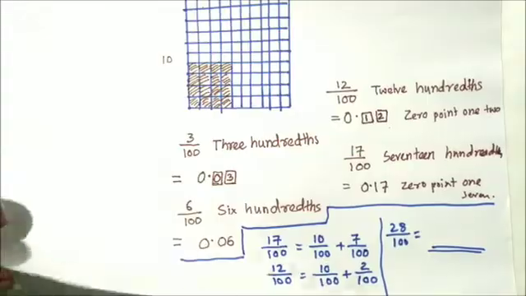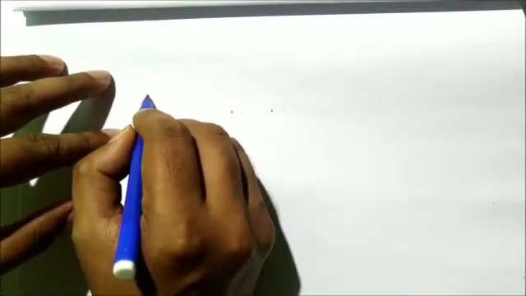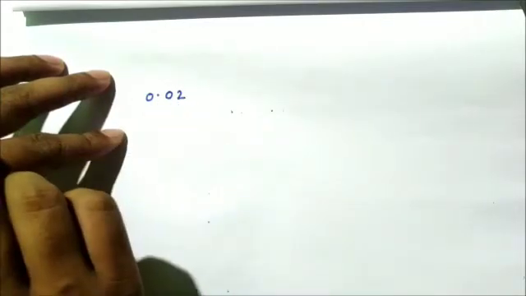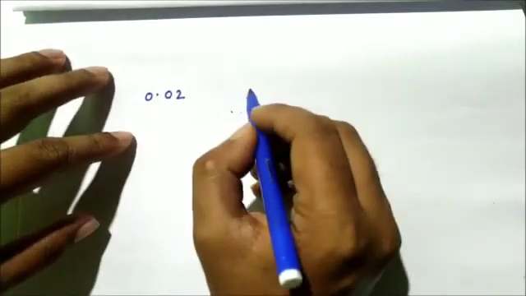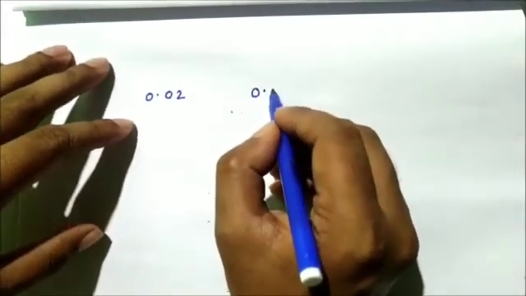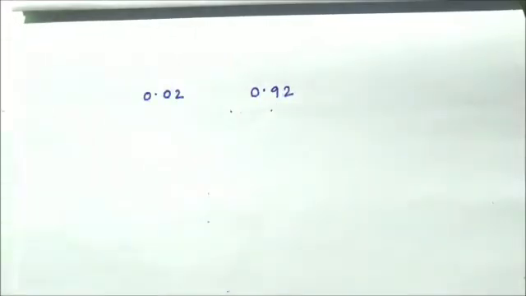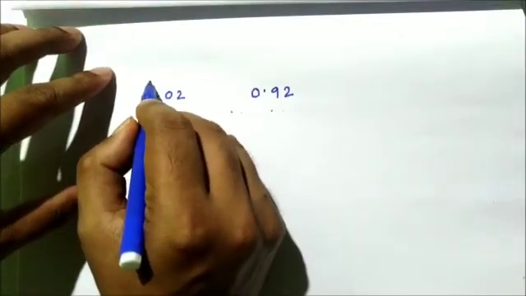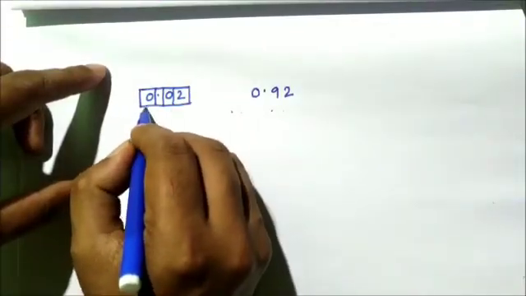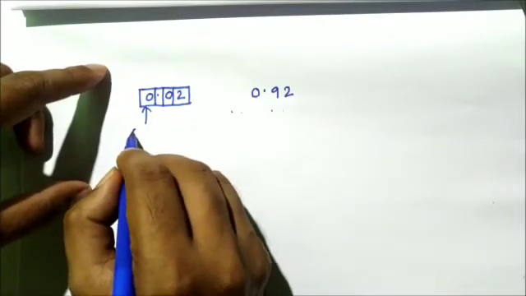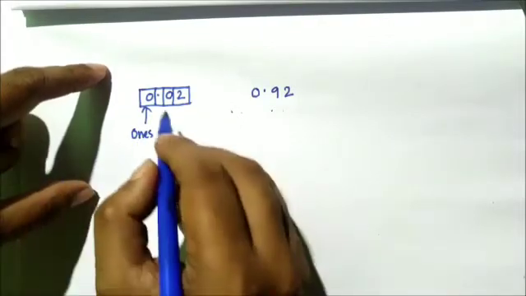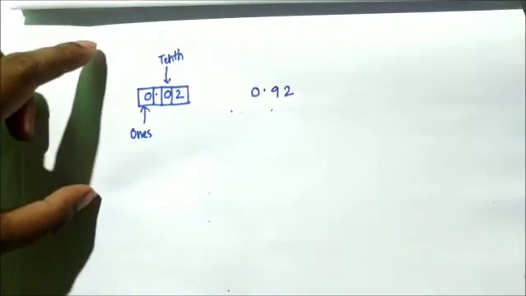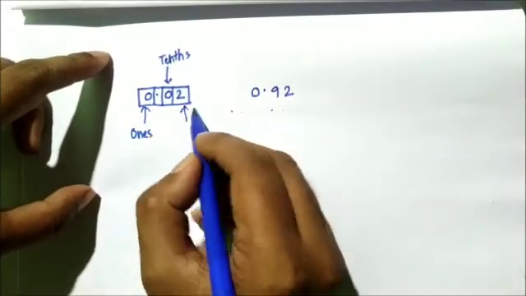Now let us move to other part. Suppose we have 0.1, 0.02, and say we have 0.92. Correct? Did you remember the place value system? This is the ones place, this place is called tenths, and this place is called hundredths.